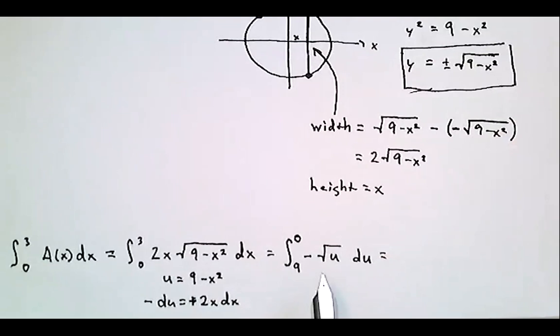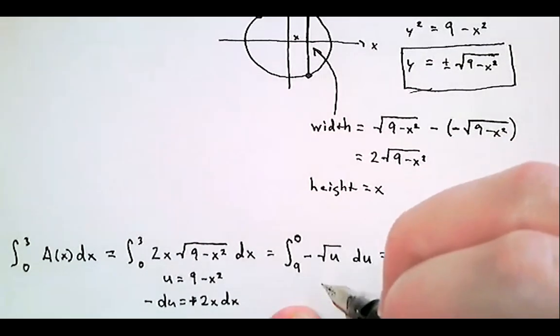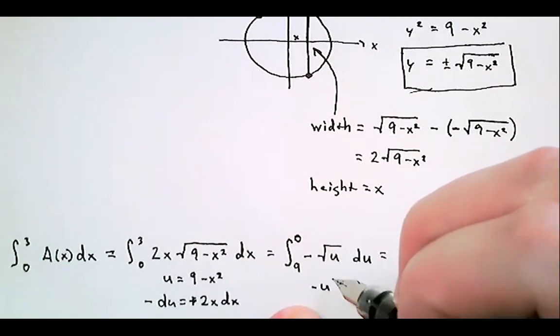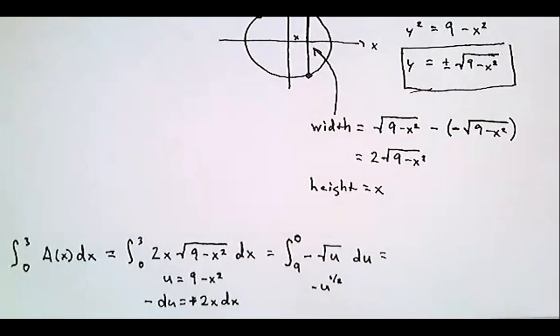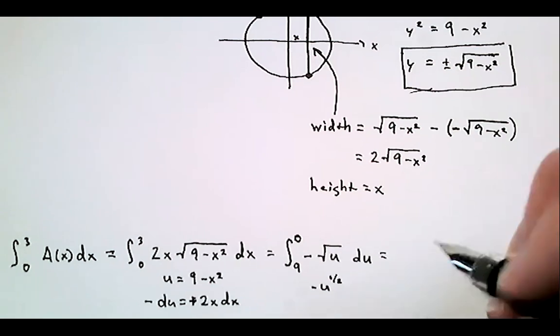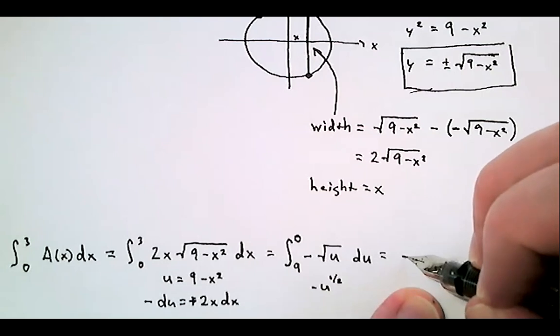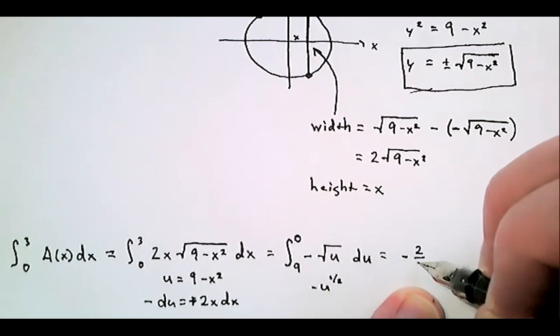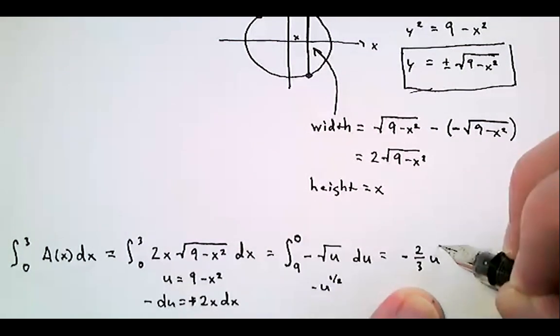And what is our integral for negative square root of u? Or negative u to the 1/2. So I think it's negative 2/3 u to the 3/2. Good.